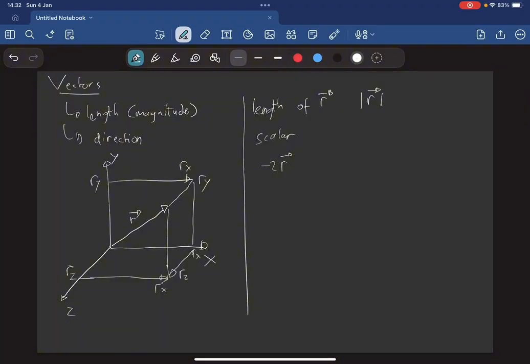Vectors may be added. To add vector a and b, place them like this. This one is vector a, added by vector b, and we have a plus b.